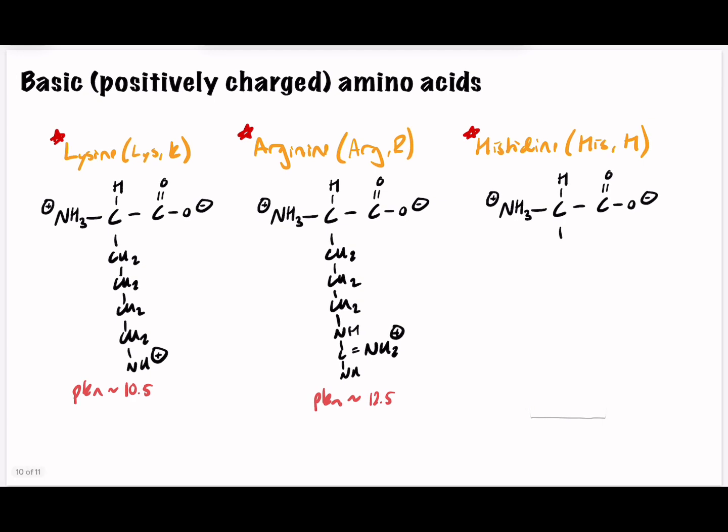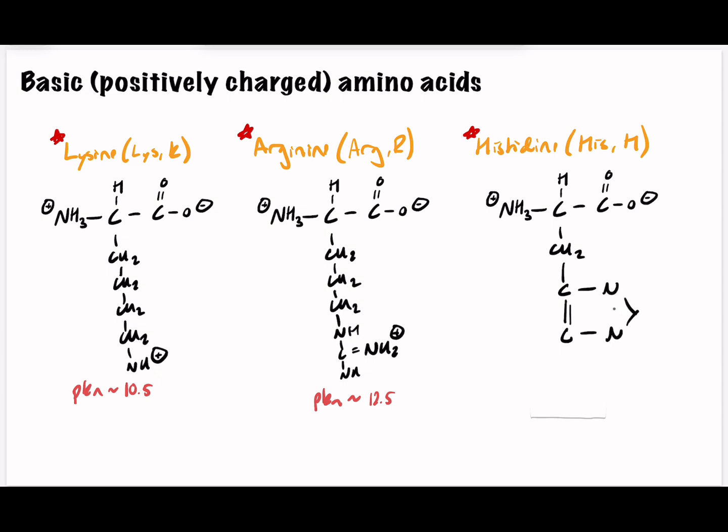And then finally, we have histidine, which can be a little confusing to draw, but the way I think about it is a CH2 bound to another C, which has a double bond, and you're going to have two nitrogens.